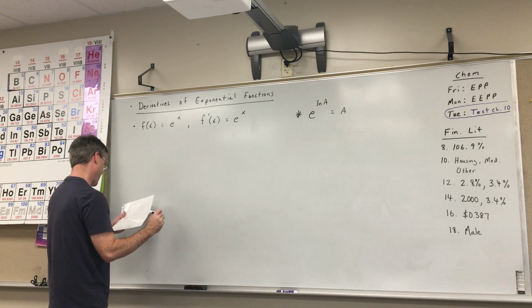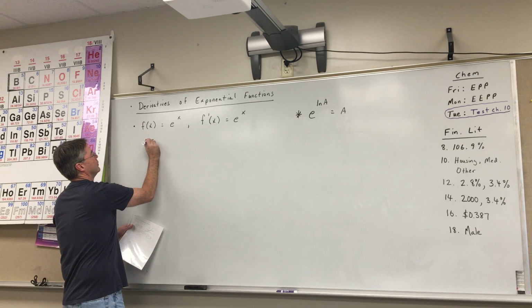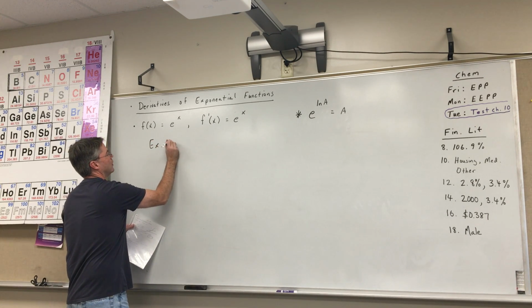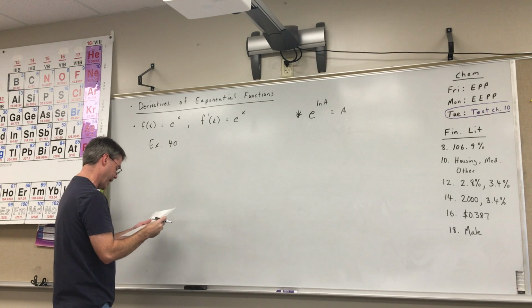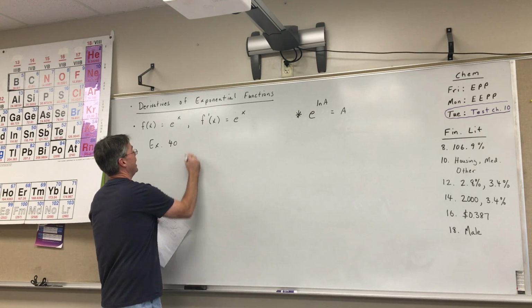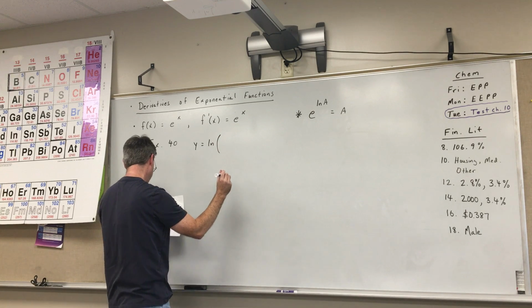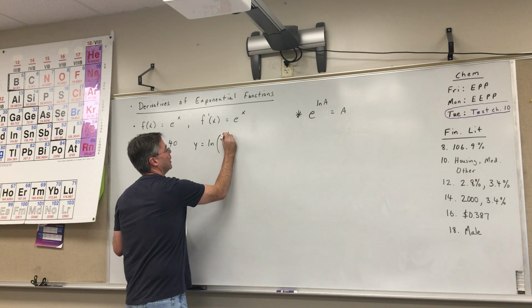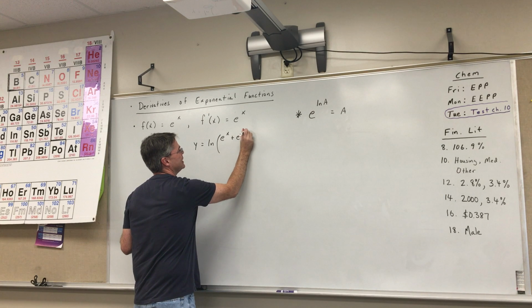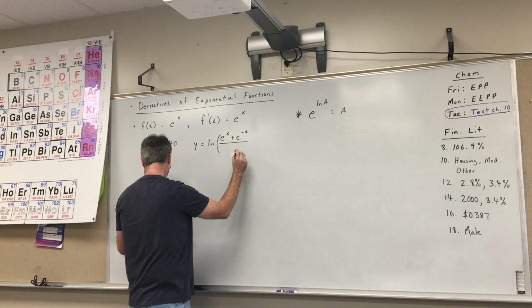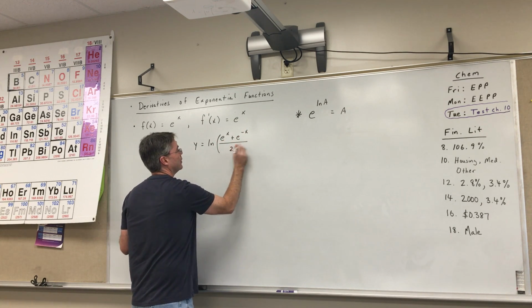All right, our next example is number 40. Here we have y is equal to the natural log of e to the x plus e to the minus x over 2.